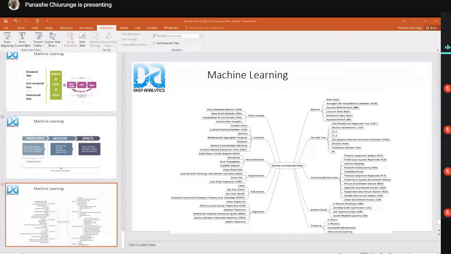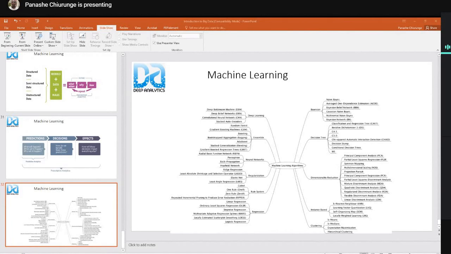If we look now at the different types of machine learning algorithms that are out there, there's Bayesian, there's decision trees. This is why I was wondering, why is it that on your question paper there's a decision tree? Which type of decision tree?